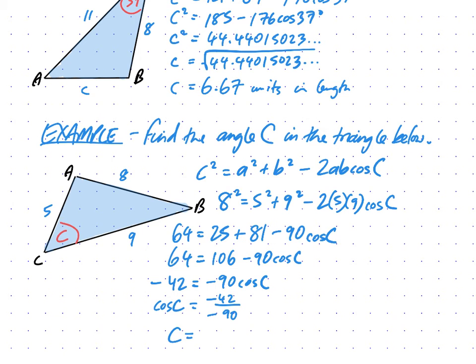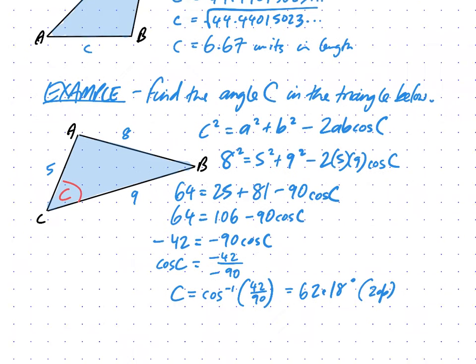C is going to be inverse cosine of negative 42 over negative 90, which is going to cancel out to be 42 over 90 because it's a negative divided by a negative. You're going to have 62.18 degrees to 2 decimal places.